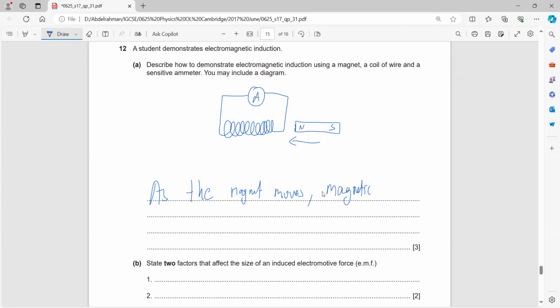The magnetic field lines cut, which is the second keyword, cut the coil, producing or inducing a current in the coil. Again, three keywords. Magnetic field cuts and then induces a current.